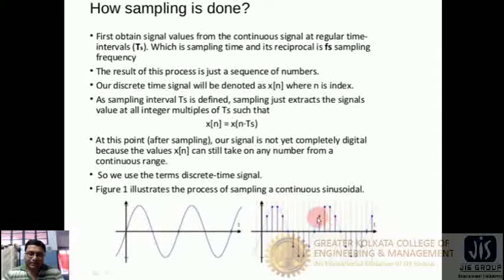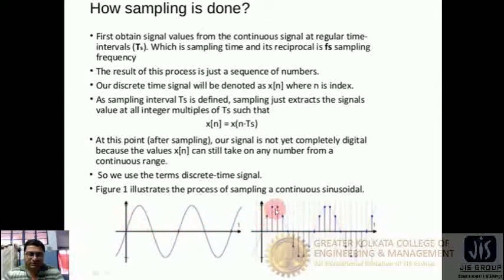It is a sampled signal, or we can say this is a discrete time signal, but we have to keep in mind this is not a digital signal, because the amplitude of each sample is not discrete, it is a sampled value of this continuous time signal.